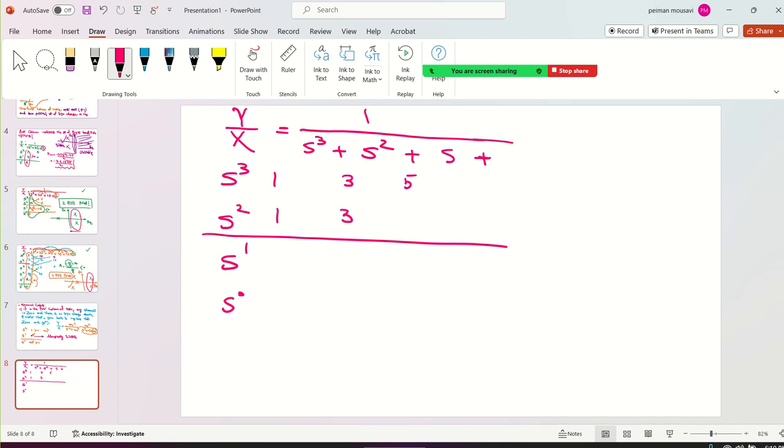I'm gonna make it the fourth order system. Actually, you know what? No, I'm gonna keep it third order system.